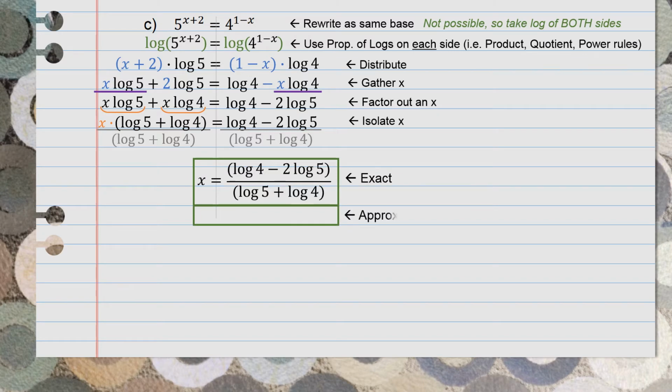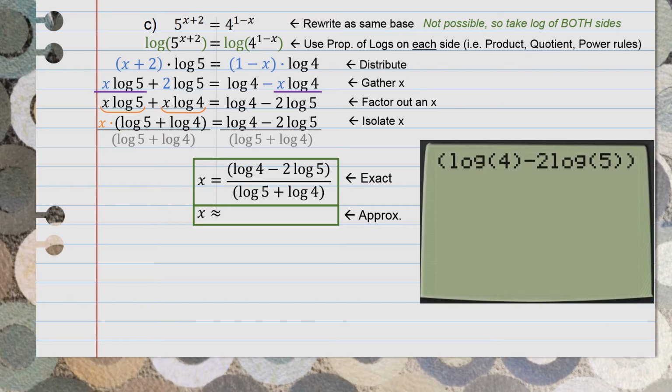But now we need to find the approximate, and you must be very careful on the calculator. So let's see how to type this in. Because in our fraction we have more than one value in the numerator, you will need to have parentheses.